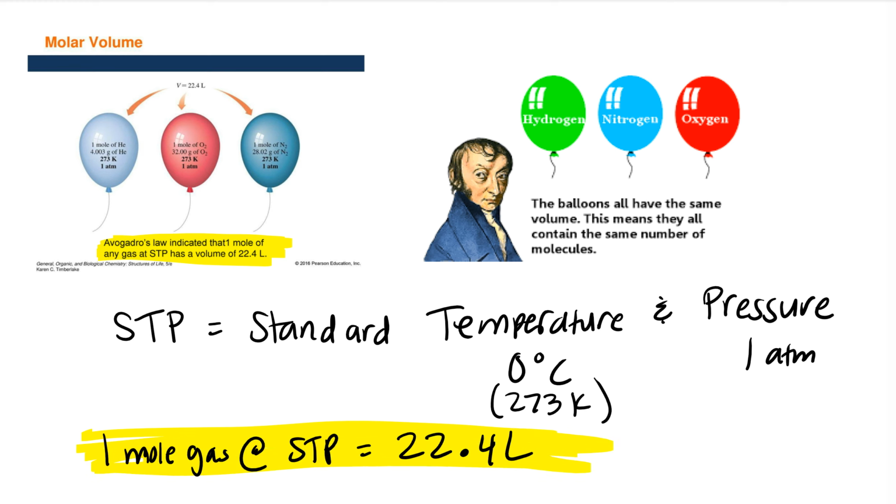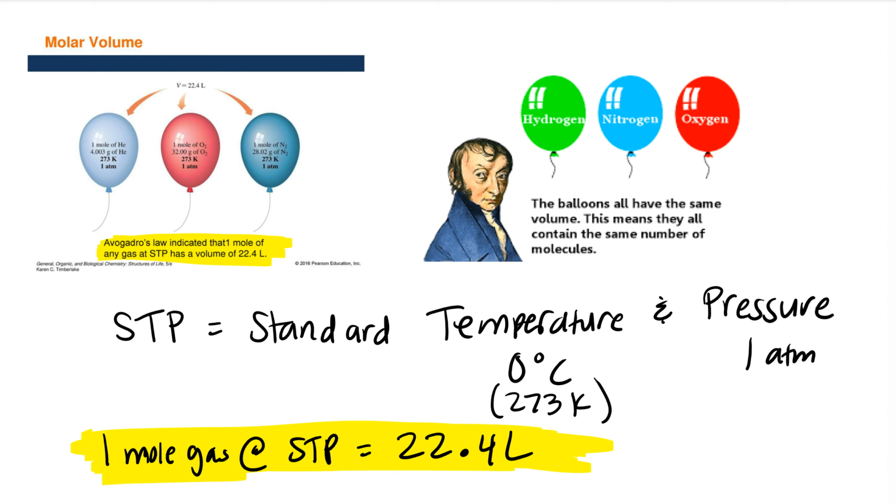That is a very useful conversion factor when we're dealing with gases at STP. It saves us a little bit of time, and we avoid the whole ideal gas law thing. If I know the gas is at STP and there's 1 mole of it, it's 22.4 liters. If there are 2 moles, then there are 44.8 liters. I just multiply by 2.